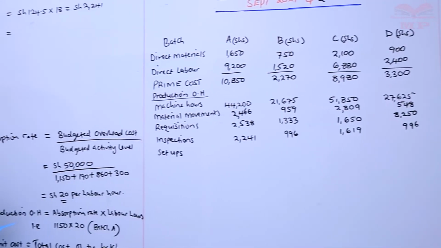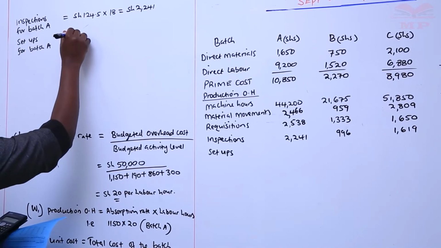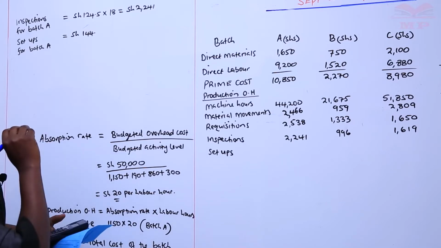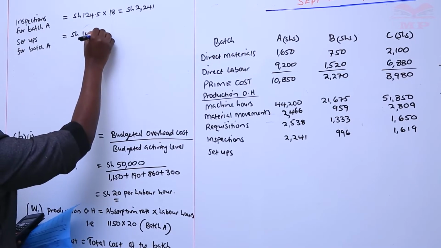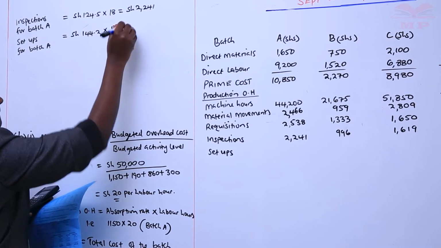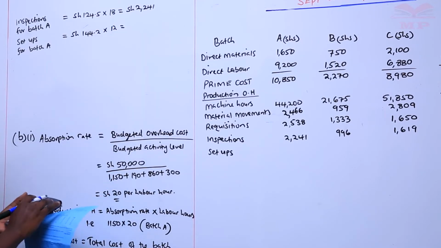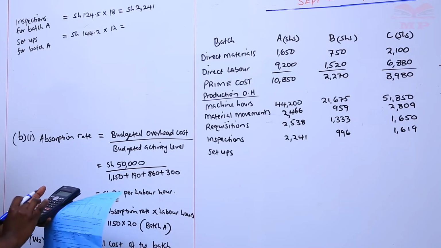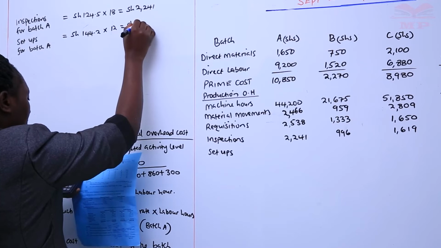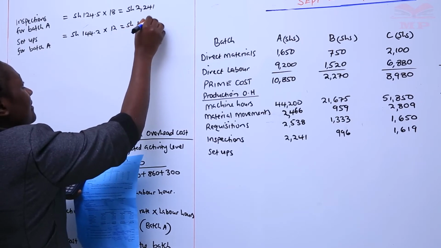So we take 144.2 and we multiply that by 12, which will give us 1,730.30.